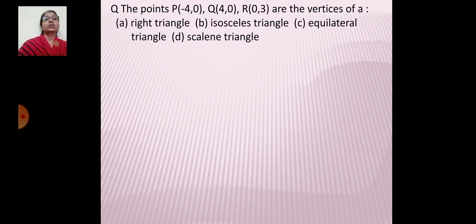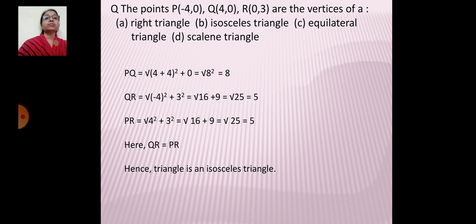Means P, Q, R form a triangle, but we have to guess its type. What type of triangle do these 3 points form? For that we should know their lengths, then only we can identify. So again find out length PQ, length QR and length PR, and then we can compare and guess the correct answer.